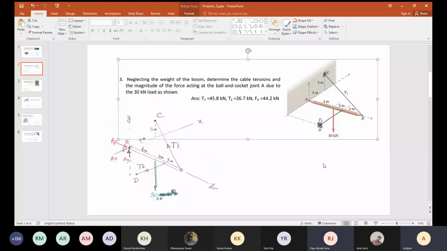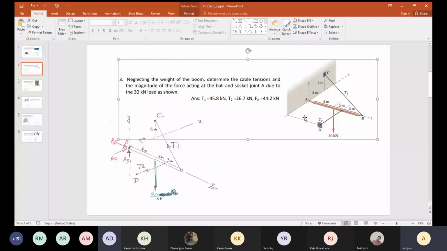Okay, what is happening in this problem is AB is a member, and A is a ball and socket joint. A ball and socket joint is the 3D equivalent of a pin joint. It is like the shoulder. If you look at your shoulder, you can rotate it in XYZ, but you cannot remove your arm outside of your shoulder.